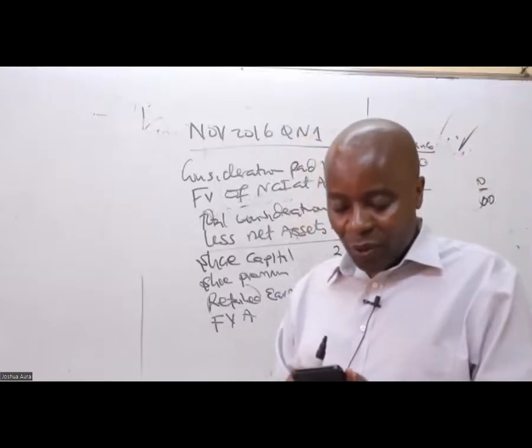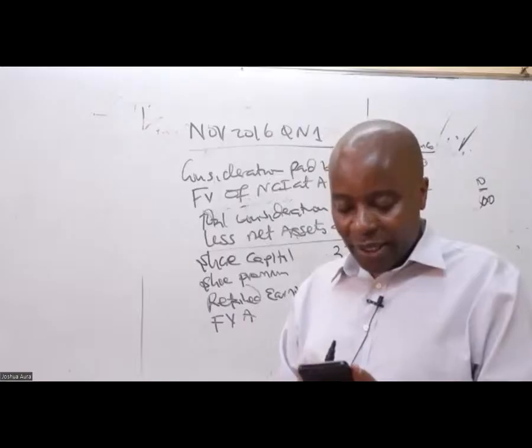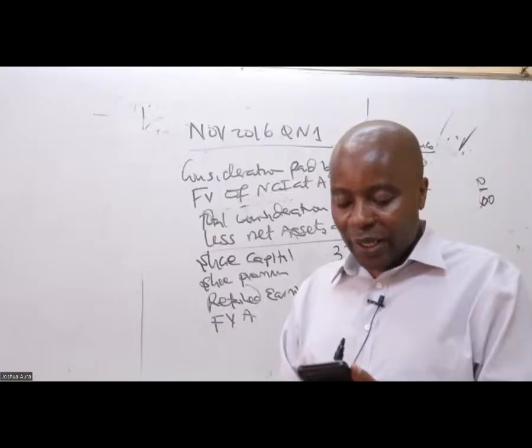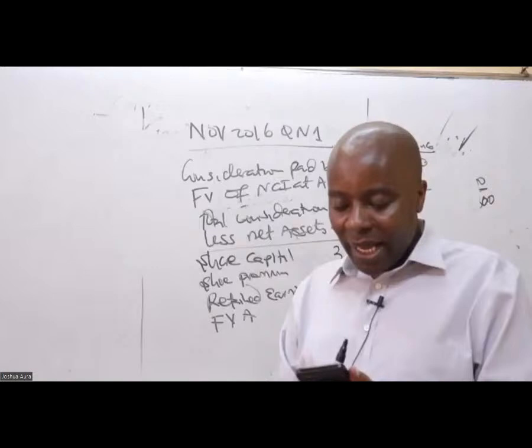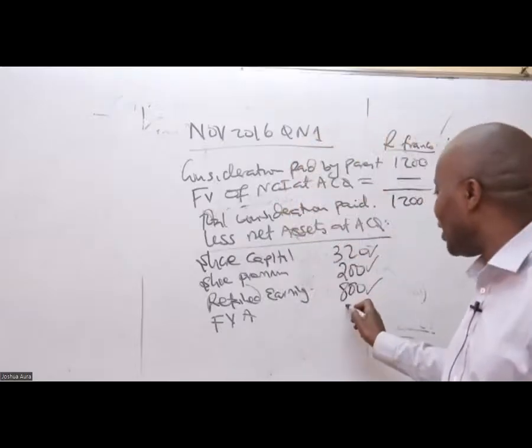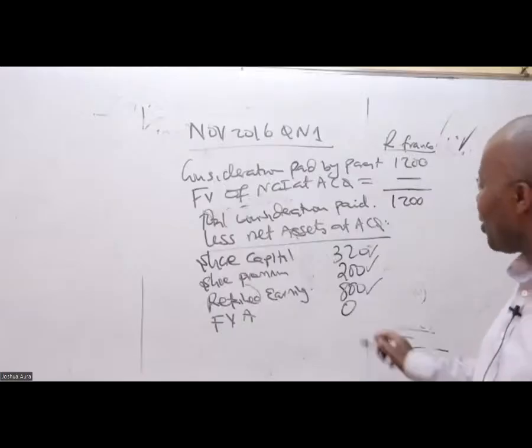There was a note about revaluations. The fair value of the net assets of S Limited as at the date of acquisition is assumed to be the same as the carrying value. So is there any fair value valuation? Nothing.